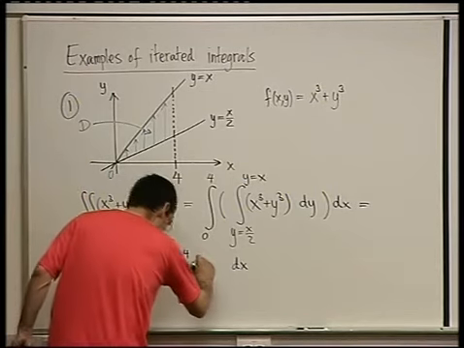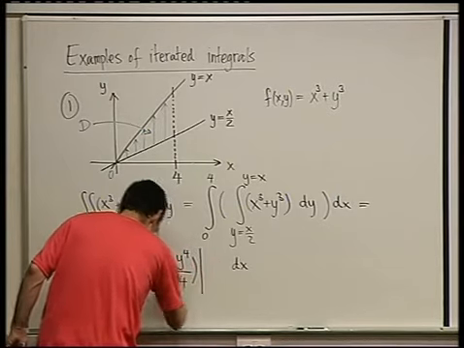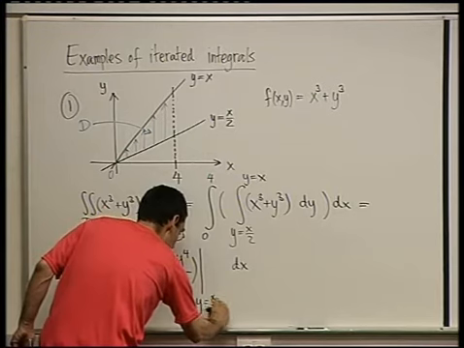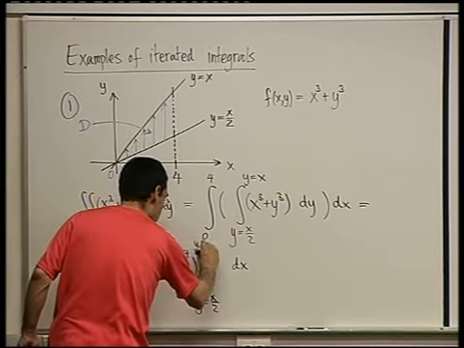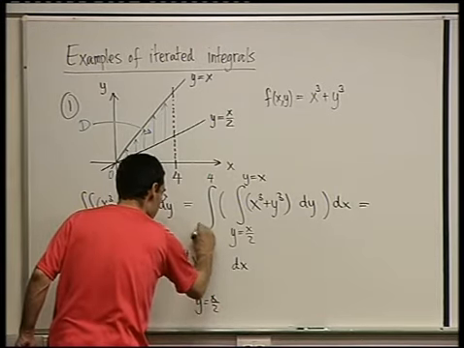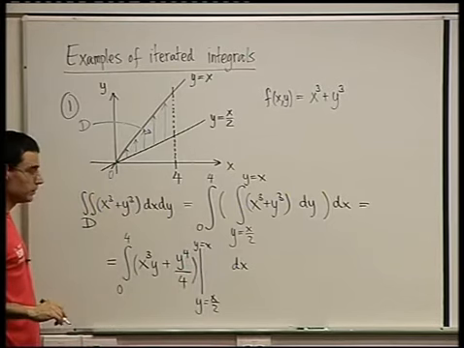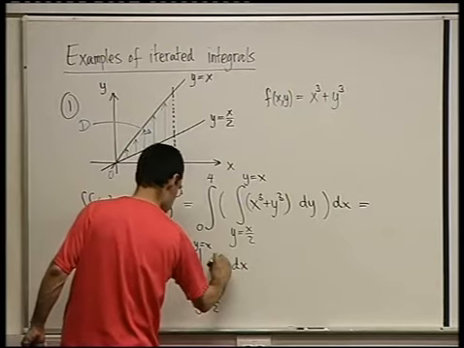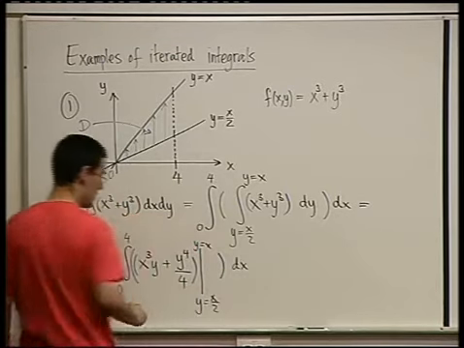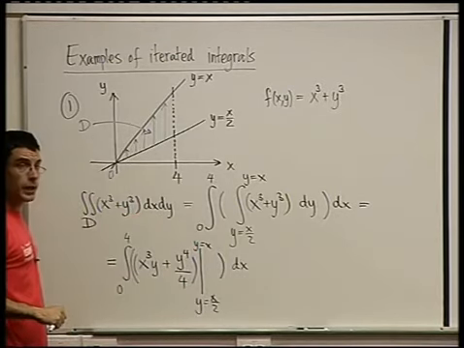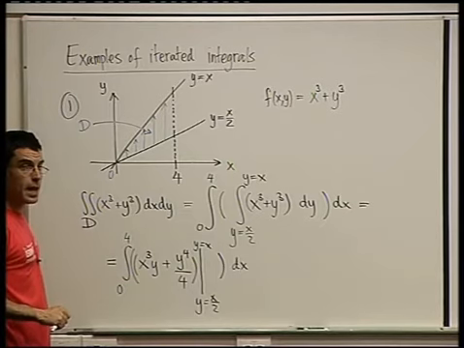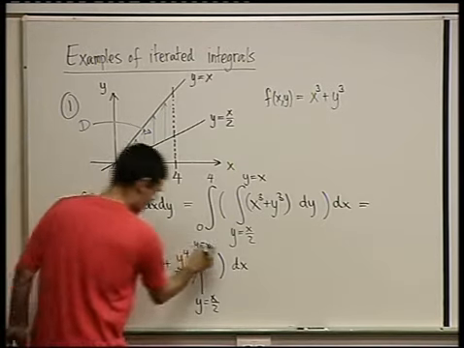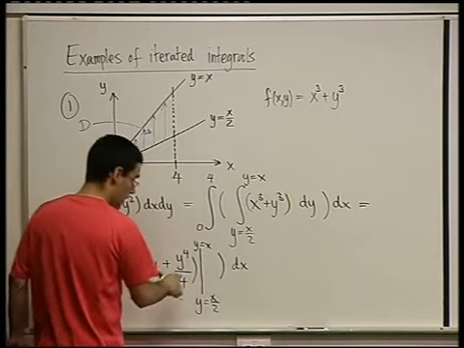And I have to evaluate it, this is the Newton-Leibniz formula, between y equals x over 2 and y equals x. Clear? And everything, do the integral dx. Clear? Good?